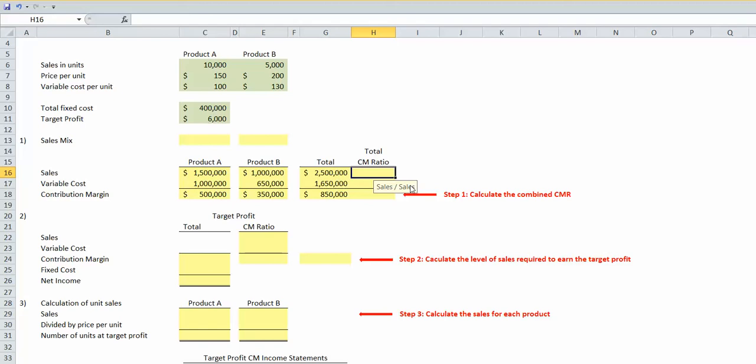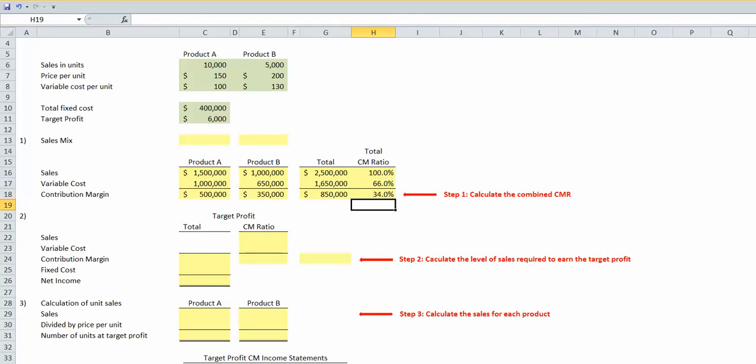We need to calculate the contribution margin ratio again, which is everything scaled by sales. So for every $1 in sales, our variable costs are 66 cents, which means our contribution margin ratio is the 1 minus the 0.66, or 34%.